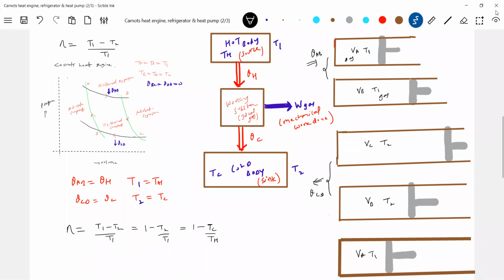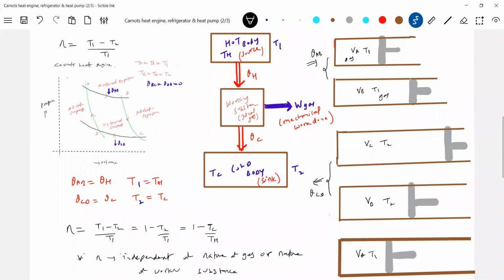So what is the advantage of the Carnot heat engine? Eta is independent of the nature of the gas, or independent of the nature of the working substance. Is it okay now?